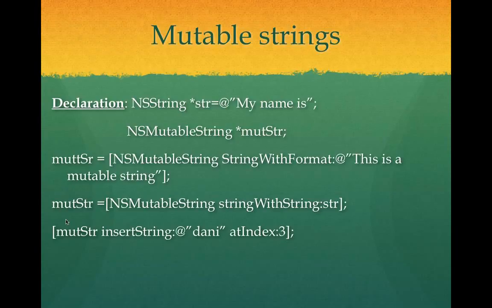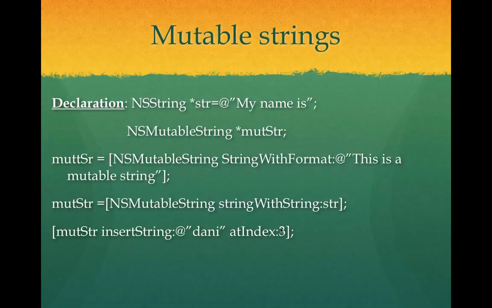The next thing is inserting a string. So if you want to add a string to your mutstr, to your mutable string, you just have to use this method called insert string, and you assign to it a string, and you tell it to what index it should be assigned.